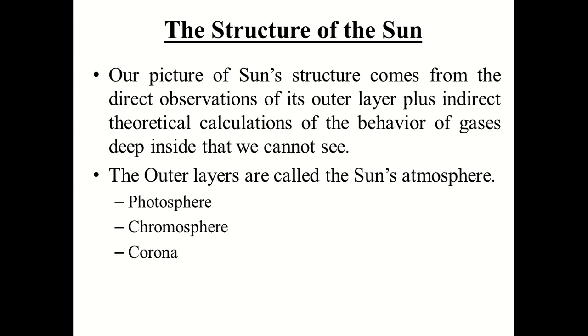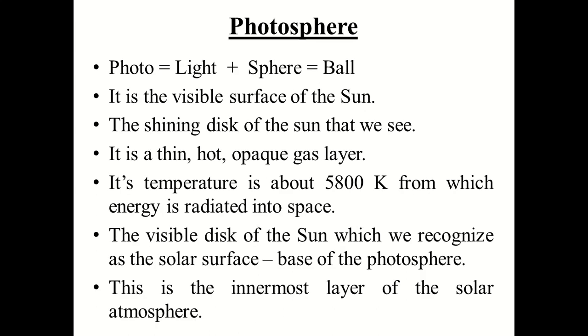The sun's atmosphere can be classified into three regions or three layers. They are photosphere, chromosphere and corona. Photosphere is the innermost layer of the sun's atmosphere.